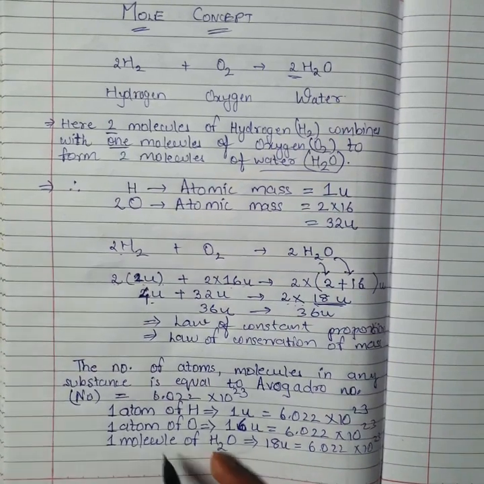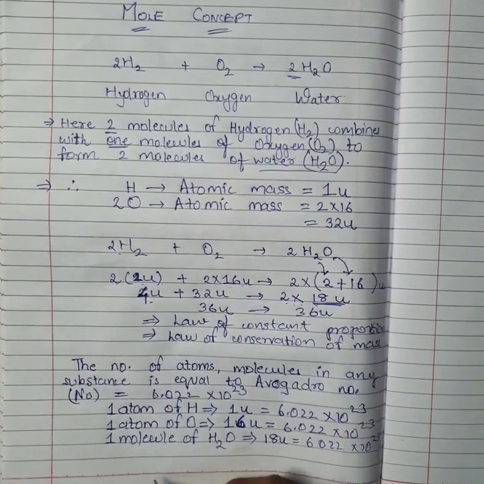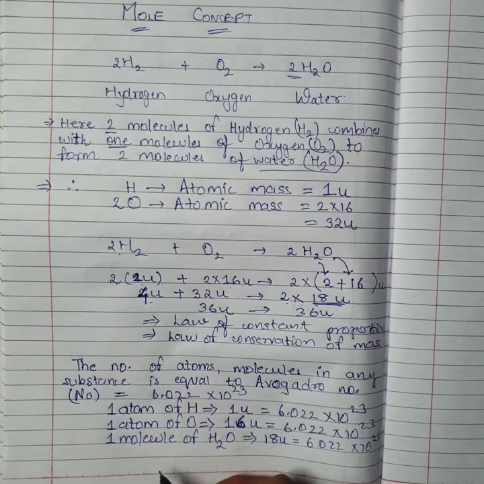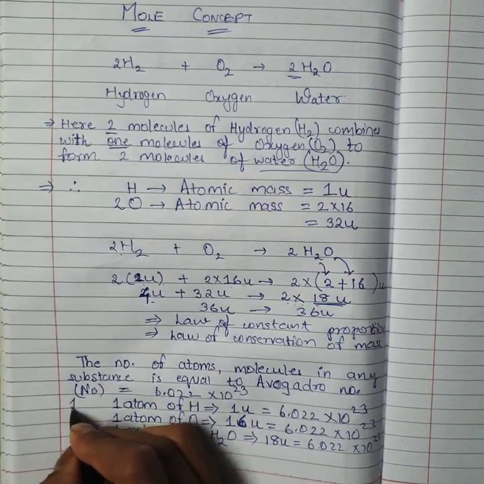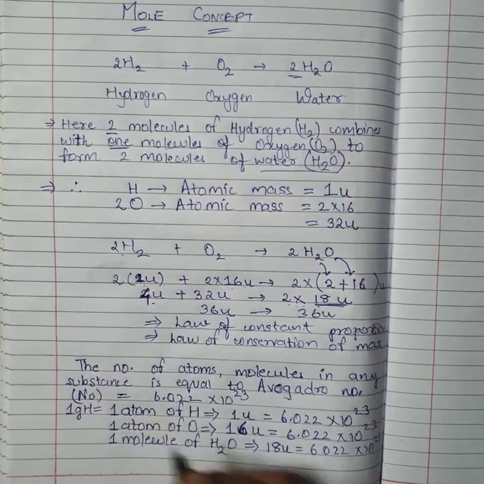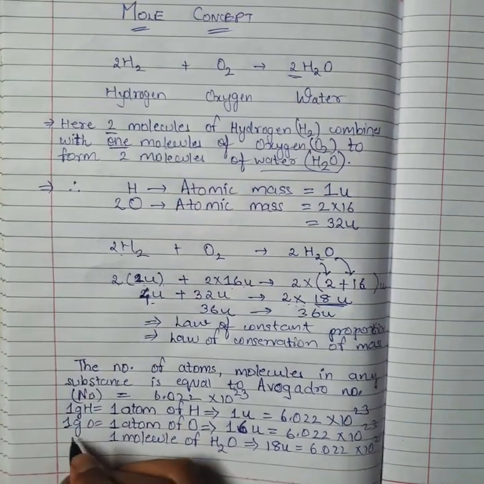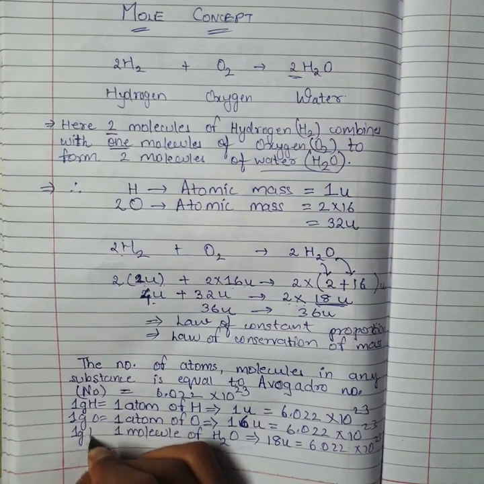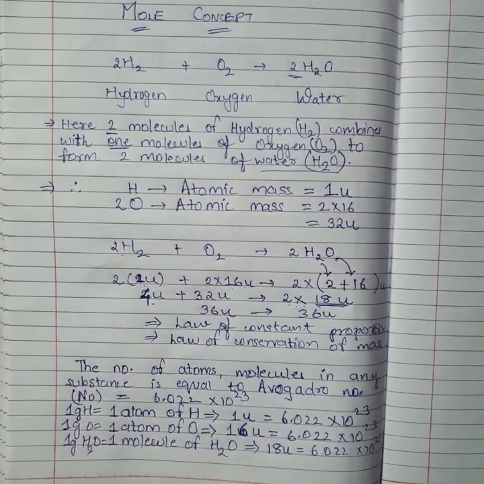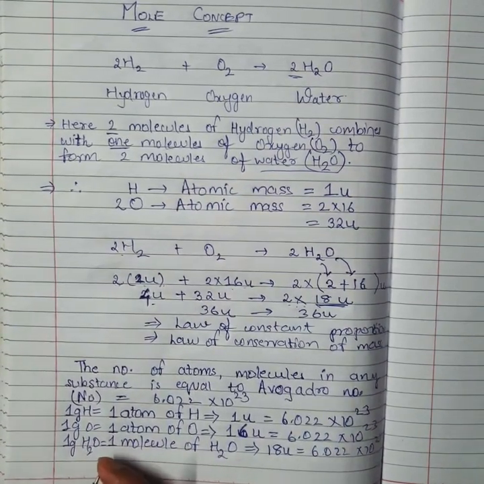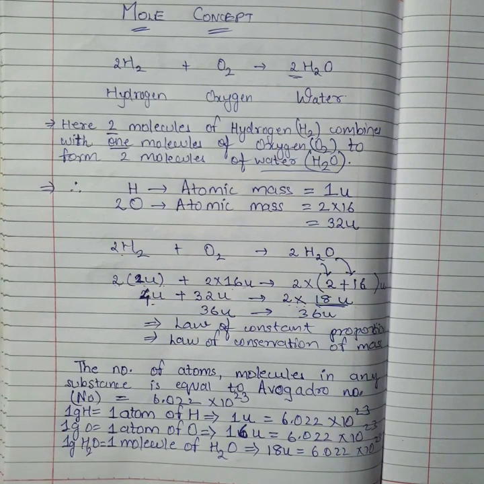So I think now you must be familiar with what each is equal to, right? I can also write that 1 gram of hydrogen is equal to the same, 1 gram of oxygen is also the same as the Avogadro number, and also 1 gram of H2O consists of the same Avogadro number. So I think now you have understood what a mole is, right?